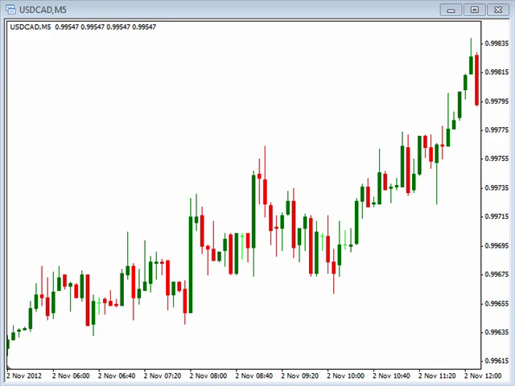We had the non-farm payroll numbers come out today, which added 171,000 jobs, which is better than the forecast. But the unemployment rate jumped to 7.9 from 7.8 last month.